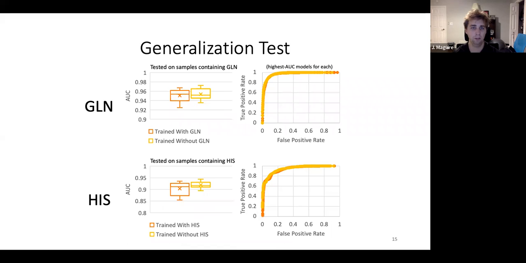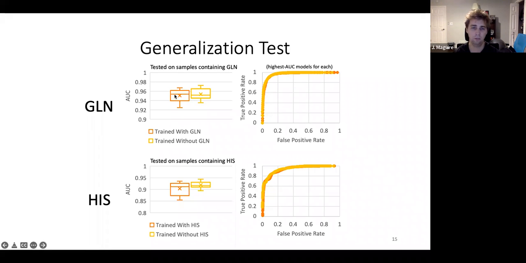We wanted to repeat this. So the big old letters on the left are the amino acid being held out. For example, here, yellow, trained in complete absence of glutamine. Orange, again, is just the model from before. And we're plotting the AUC on the data exclusively containing glutamine.